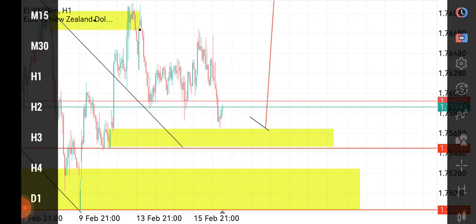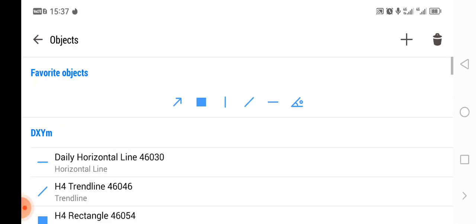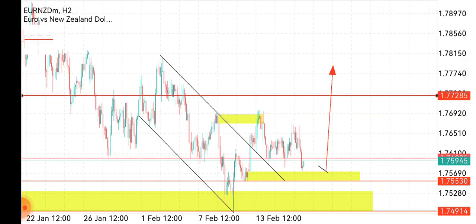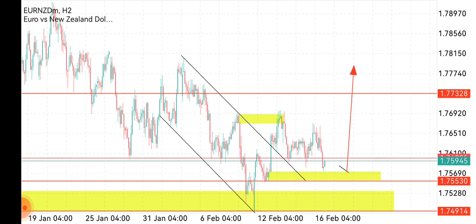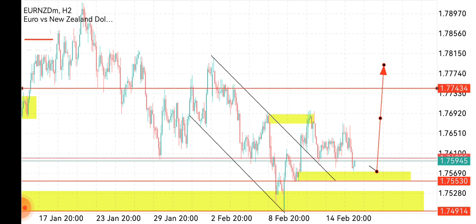But here, on H2, our first TP on this trade is going to be here. You get an entry there, and first TP there.